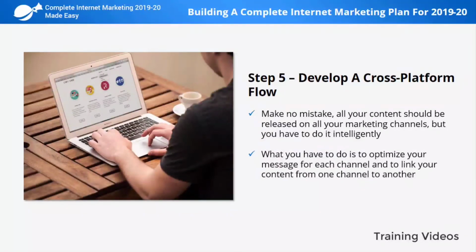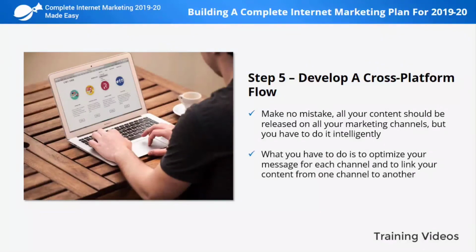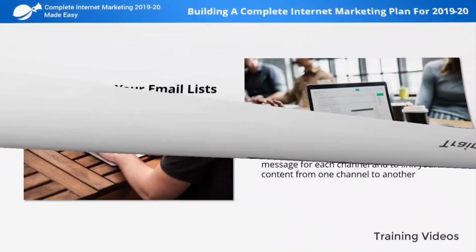For example, you can tease a piece of content with a brief message with a single image on Twitter and add a link to the full story on Instagram, where you'll add a longer piece of content and a more captivating image inviting users to follow the link in the bio, where you can direct them to a complimentary content piece on your website.